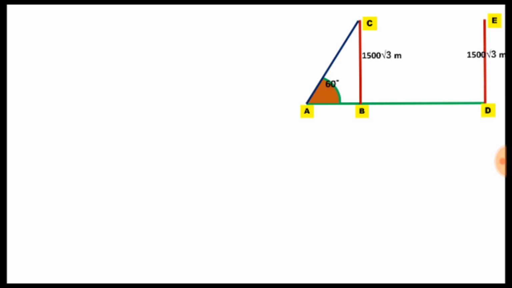Later, the flight moves forward in the time of 15 seconds. Let us assume the second position of the jet plane as E, and still it is flying at the same height above the ground, that is 1500 root 3 meters. Now the observer from point A is observing the jet plane with an angle of elevation 30 degrees.